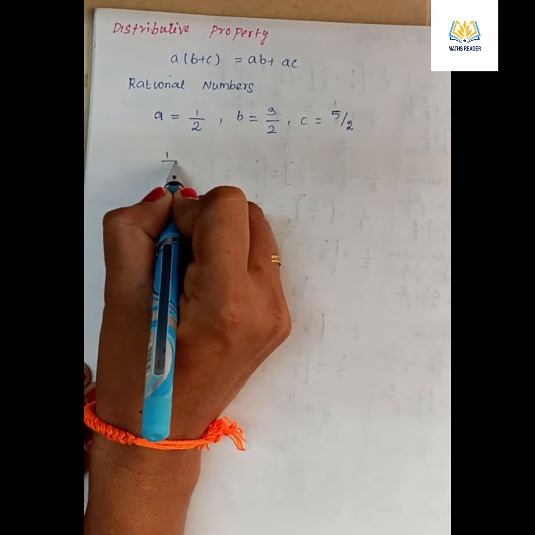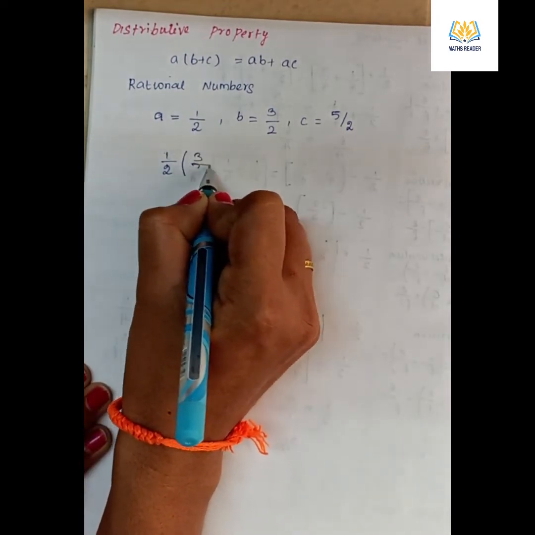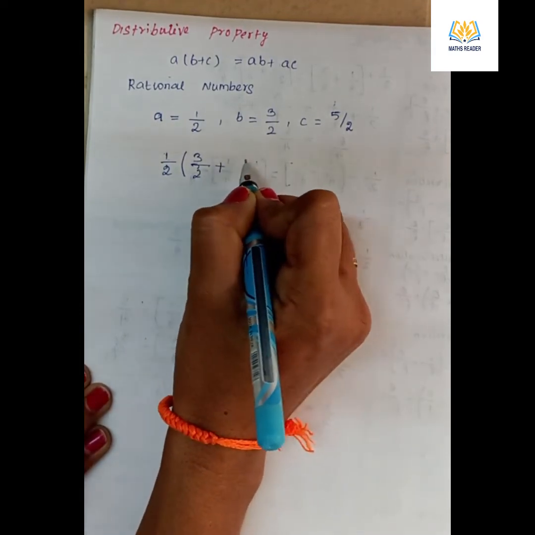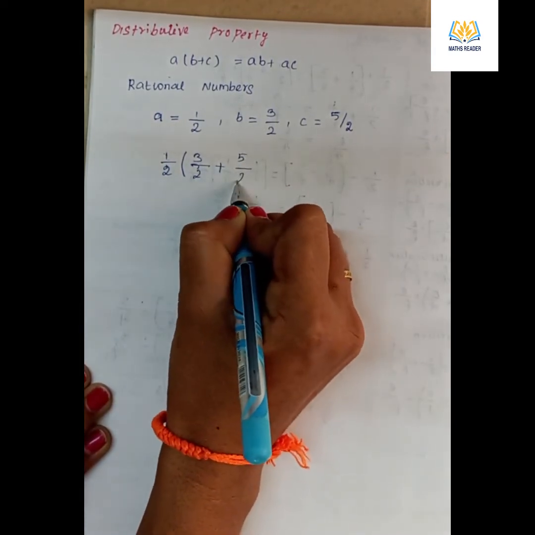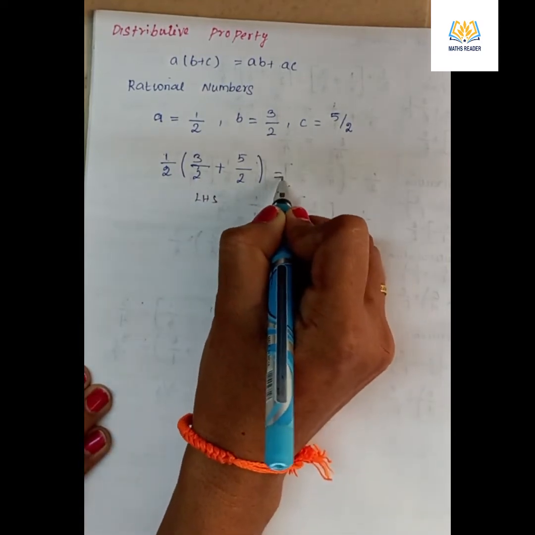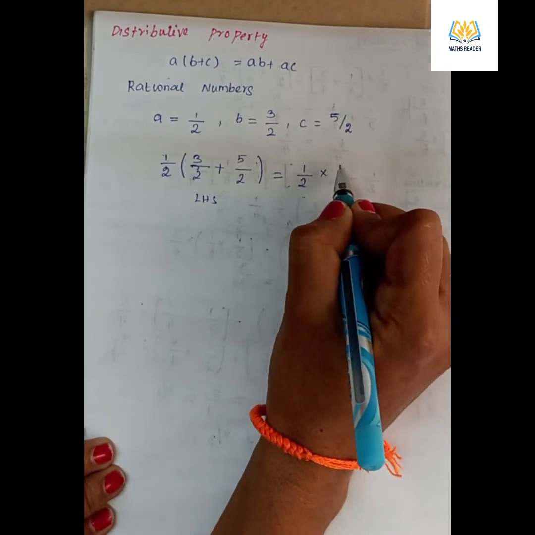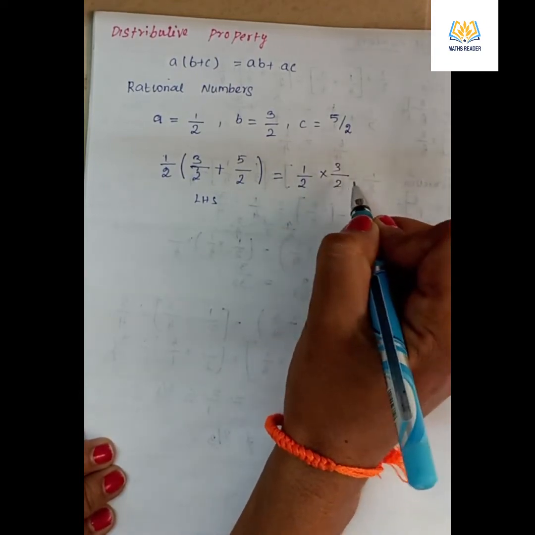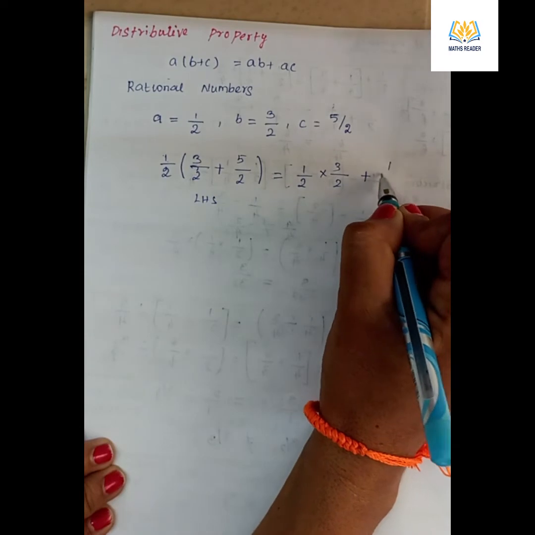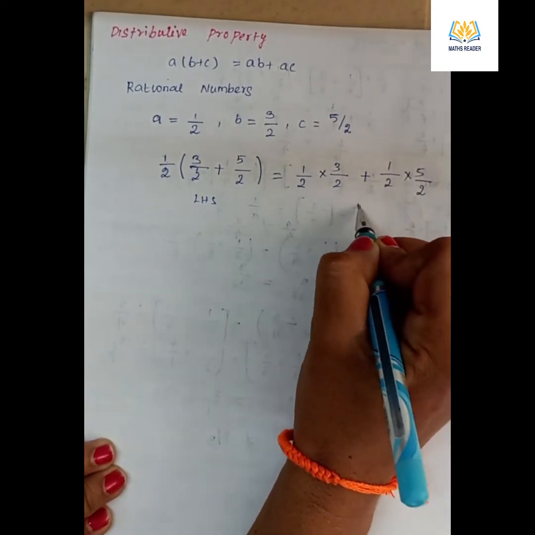Value of a is 1 by 2 and b is 3 by 2 plus c is 5 by 2. This is left hand side. This is equal to ab, 1 by 2 into b, 3 by 2, plus ac, a is 1 by 2 and c is 5 by 2. This is right hand side.